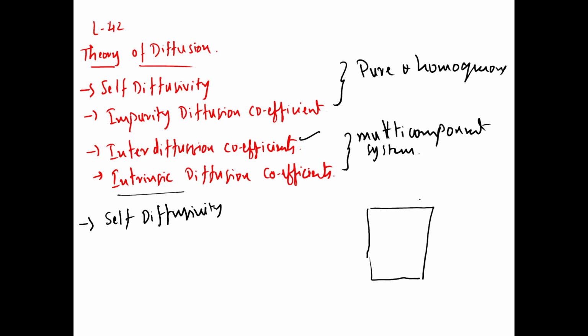Okay, consider the metal B. It is deposited with another small layer of metal A.